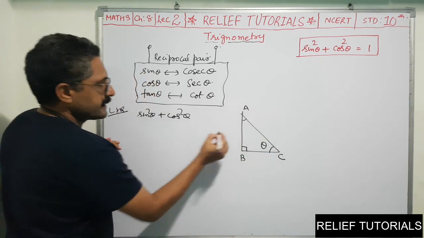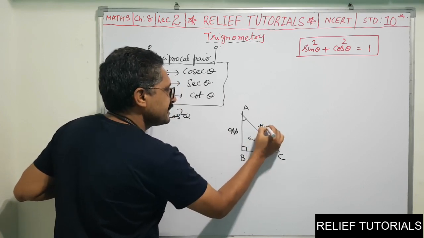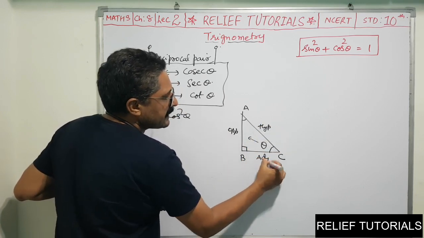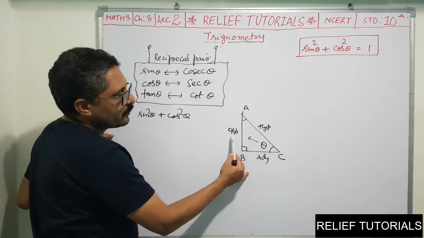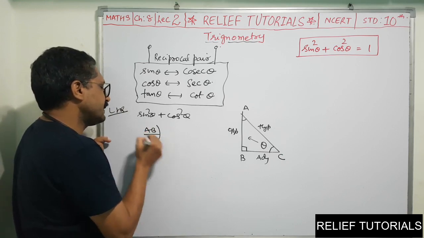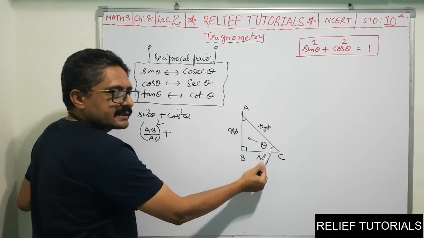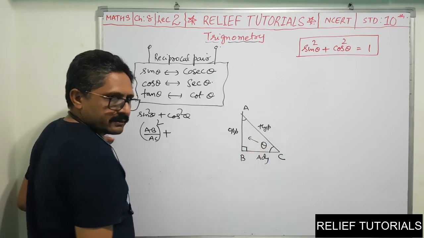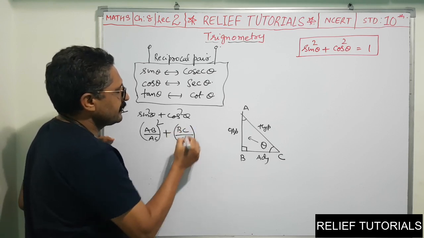We consider this angle: this is opposite, this is hypotenuse, this is adjacent. So sin theta, as we did yesterday, is opposite upon hypotenuse, that is AB upon AC, the whole square, plus cos square theta. Cos theta is adjacent upon hypotenuse, so adjacent BC upon hypotenuse AC, the whole square.